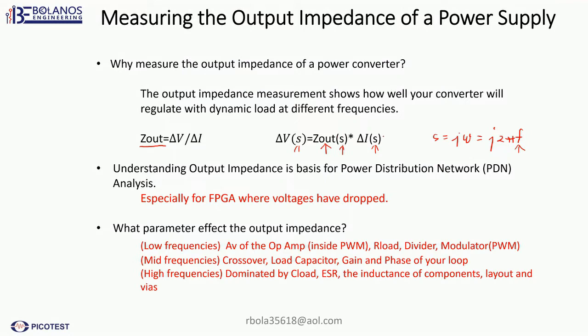Okay, so let's say you have a situation where your power supply goes from 50% to, let's say, 100% full load. Then if you know your impedance, you can calculate what your delta voltage will be.